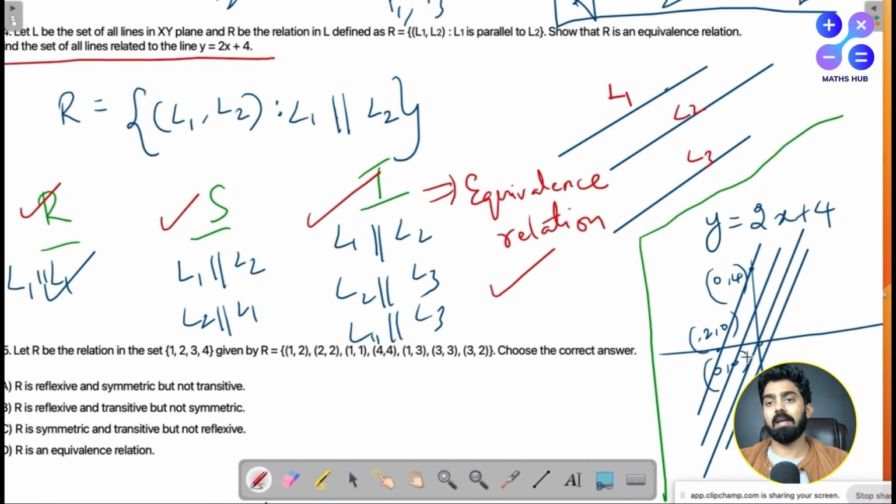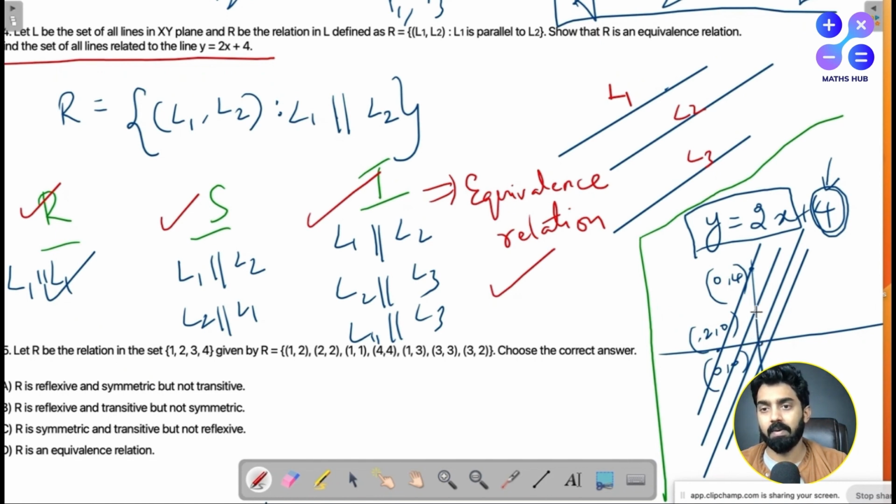It is nothing but this intercept going to 0. The intercept is (0, 4), right? If the intercept goes to 0, this line gets shifted this way. So the important line is y equals 2x. Y equals 2x is the line which goes through the origin, and everything else is just shifted by some amount.